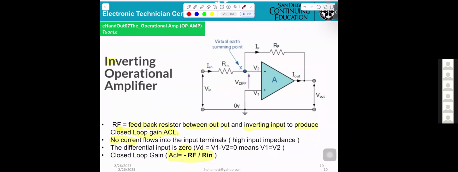The negative input they call inverting, and this will be non-inverting. When they connect this way, the name will be inverting operation.